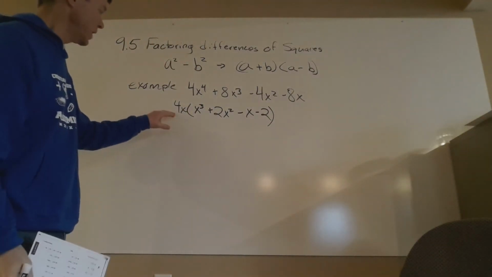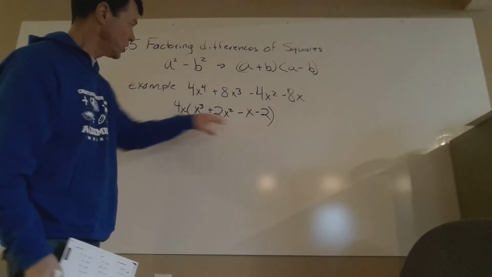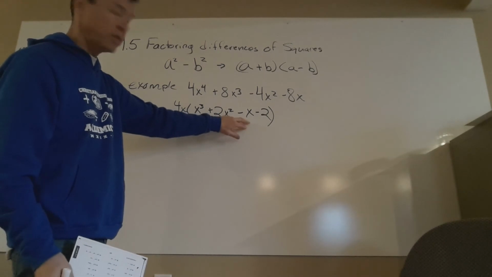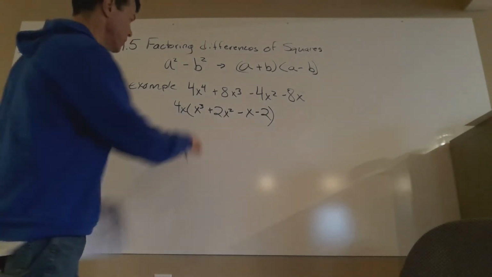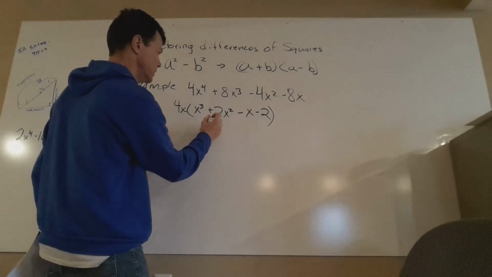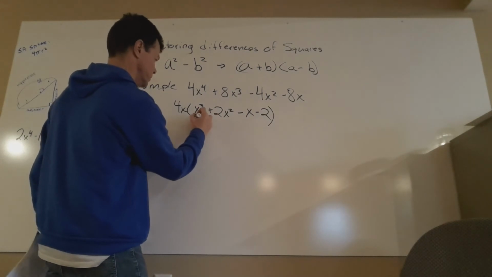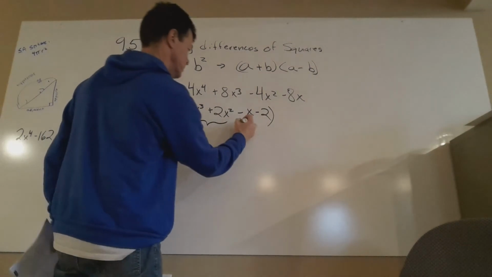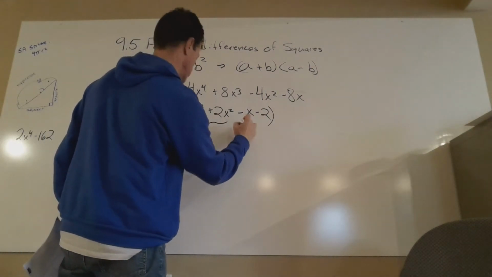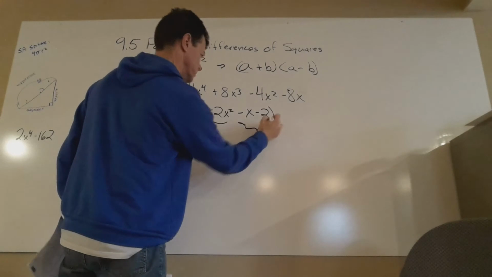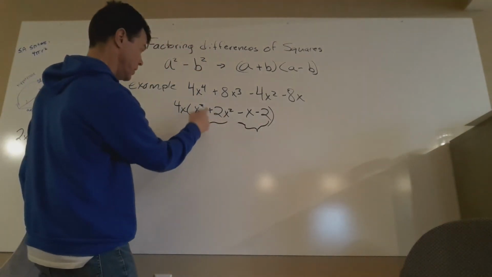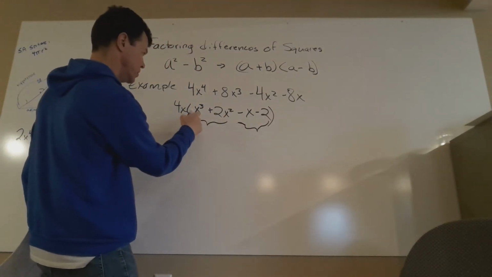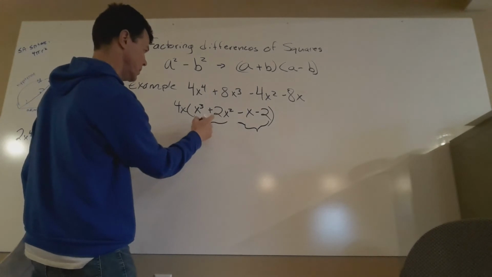All right, 4x is factored out. We have 4 terms. Now let's factor by grouping. Factor by grouping on this, and let's see what we get. With this first group, let's do x squared.